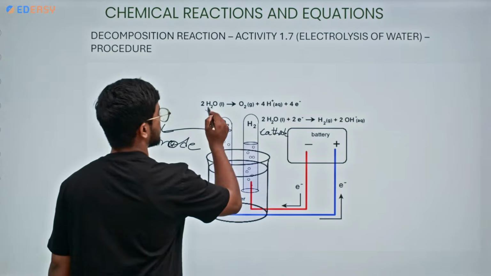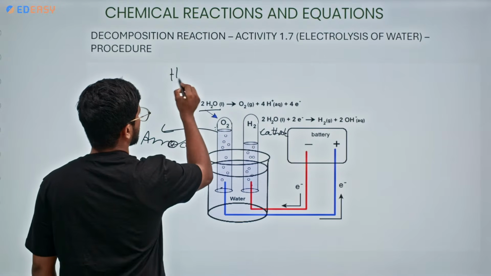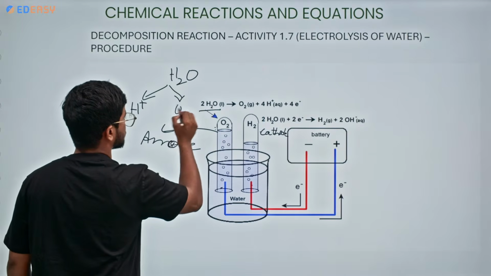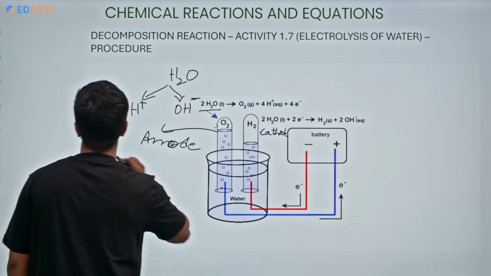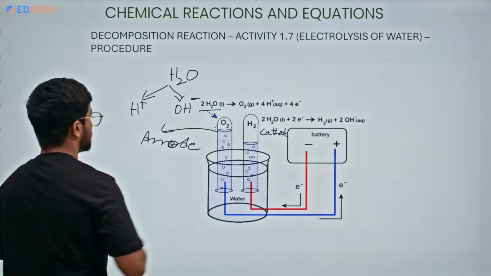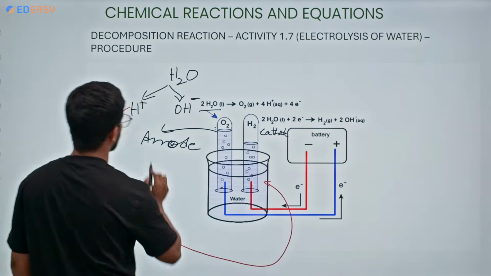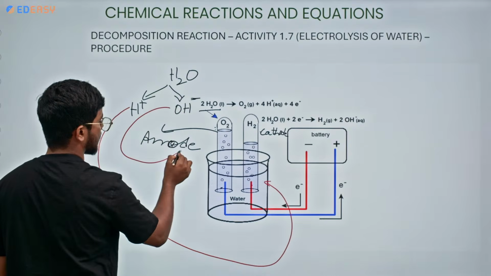When water divides, it gives H plus and OH minus. H plus will move towards the cathode, and OH minus will move towards the anode.